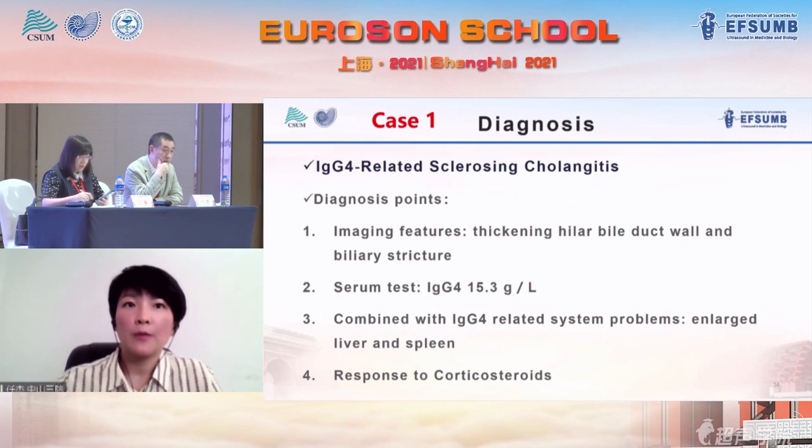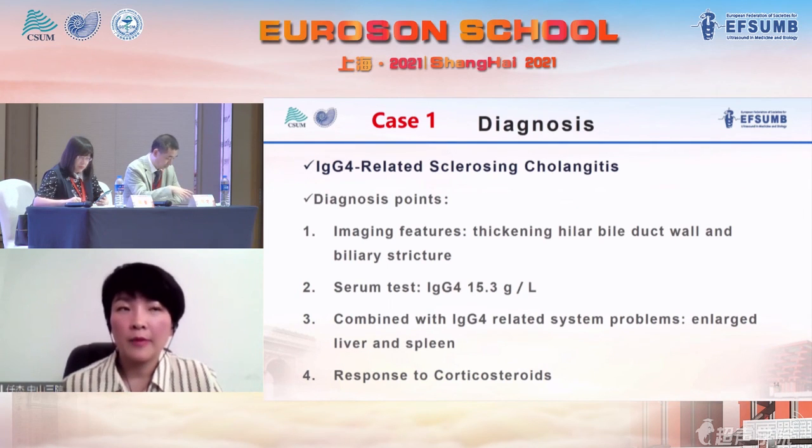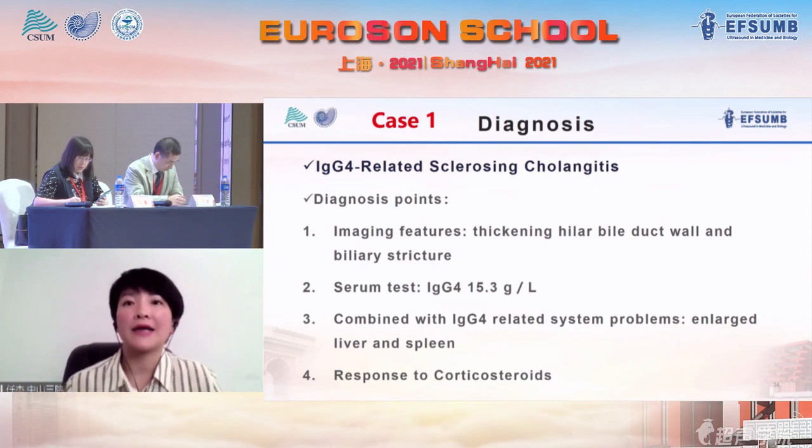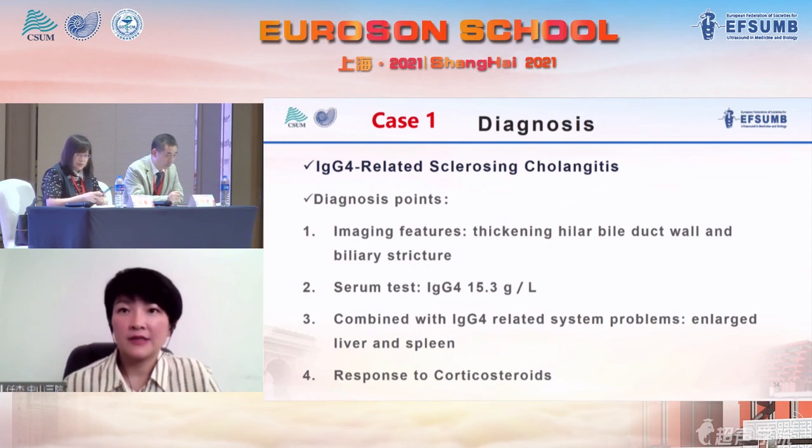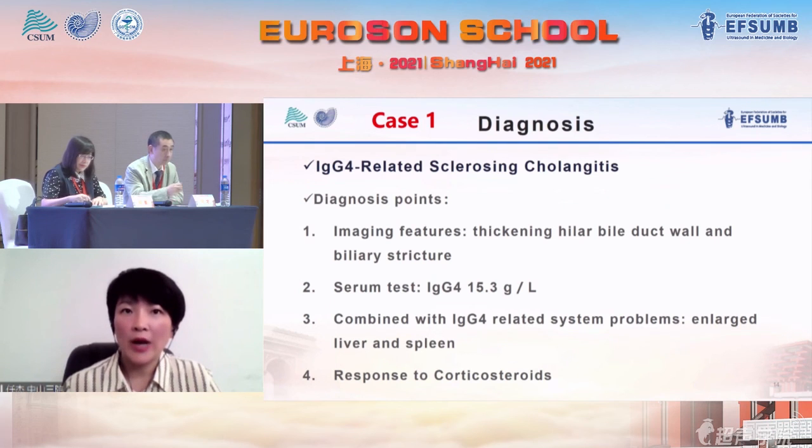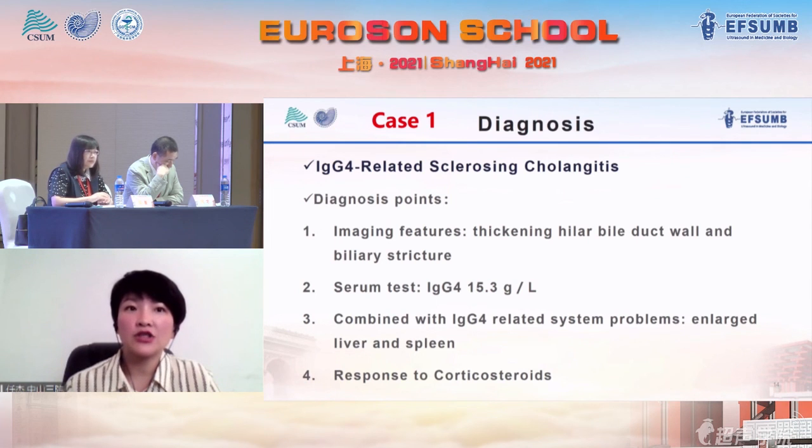So we must keep this in mind. Apart from this, the enlarged liver and spleen were also supporting evidence for this diagnosis. Lastly, the effective diagnostic treatment further confirmed it. Thank you. That's all.